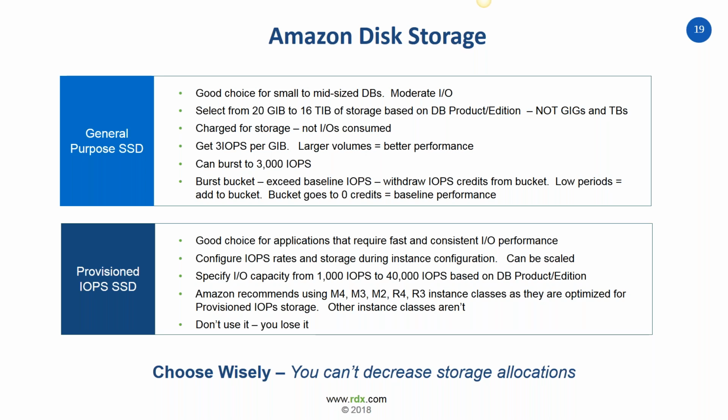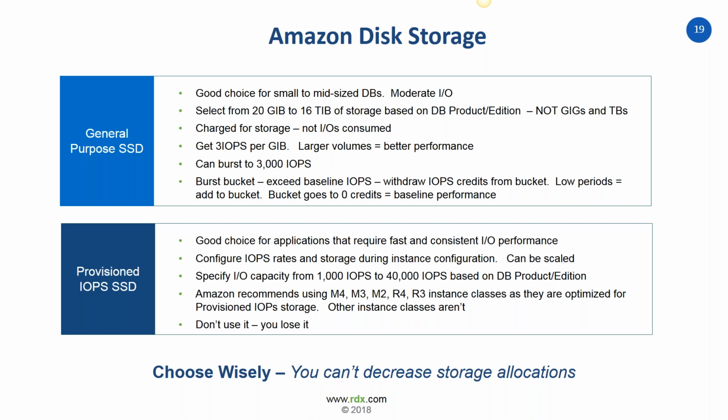When data access activities are low, you add I/O credits to your burst bucket. When you begin to exceed baseline performance, you use those credits up. When you run out, you're back to baseline performance. You need to remember that this is just for volumes under a TiB. Amazon also provides metrics to monitor your burst bucket.